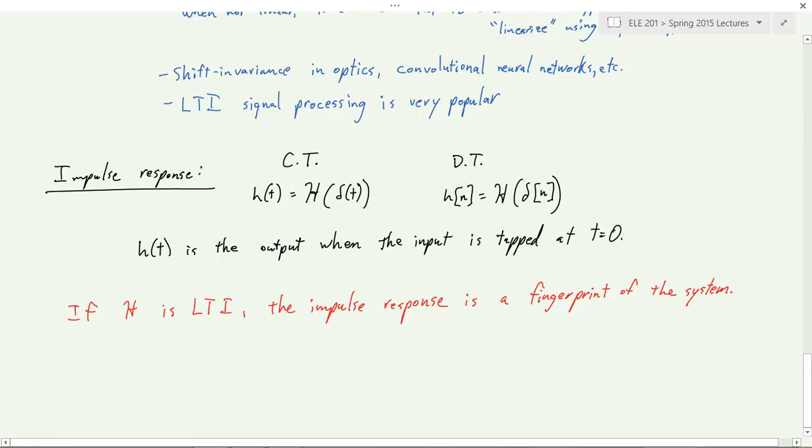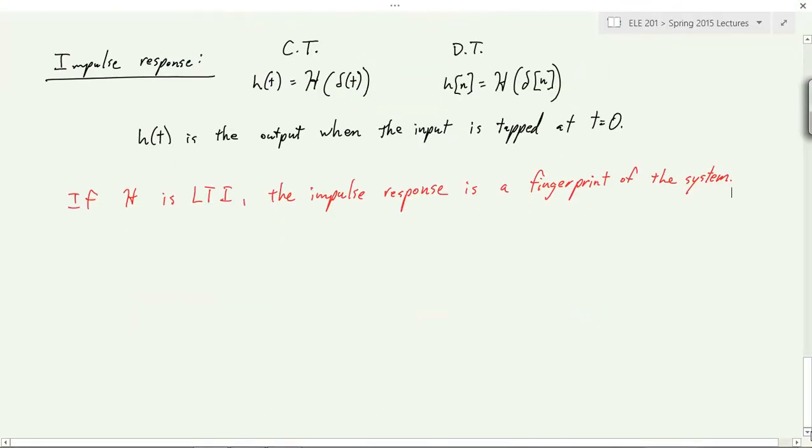It seems weird because in general, to know everything a system's going to do, well, you better have some systematic way of trying every input. But for a linear time invariant system, if you know what it does in response to a tap at time 0, then you know what it'll do to any input. So that's the cool thing, and I'm going to show you why in a moment. But for intuition, I'll first let you notice that you might identify this property yourself by just trying an example.